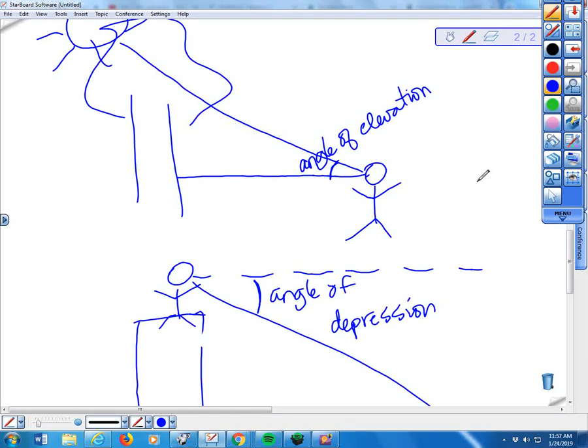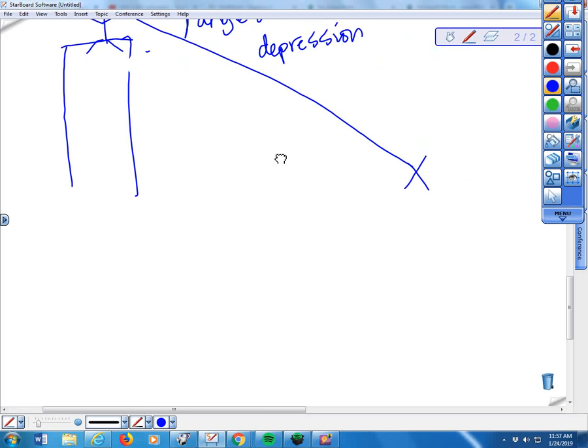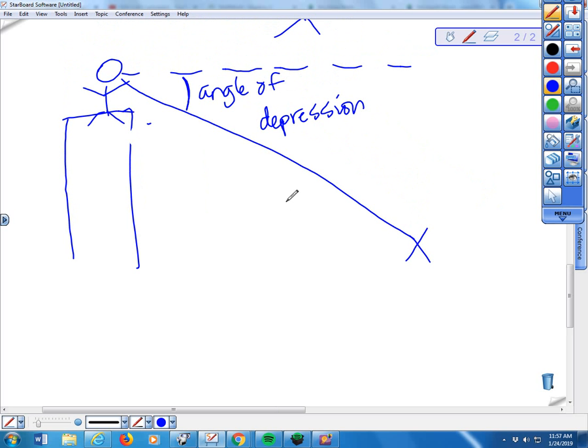This one everybody seems to do okay with in this class when I've taught before. This one everyone wants to call it this angle. And it's always measured to a horizontal line, not a vertical line. Yeah, because what I could do then here is make my right triangle. Okay. What's interesting is if I'm down here looking up at a person up there, this is the angle of elevation.